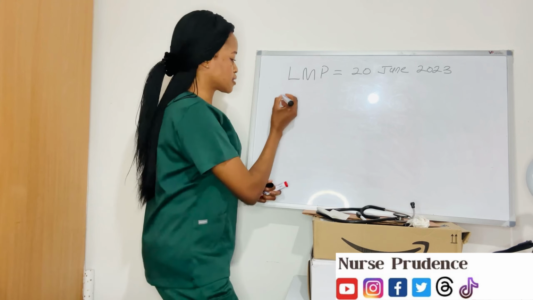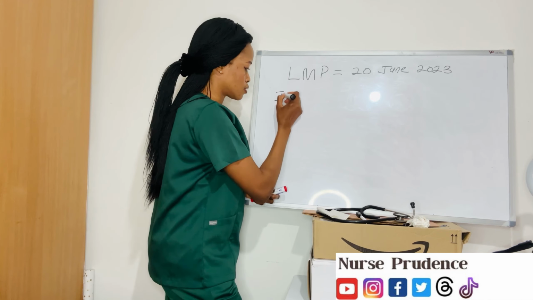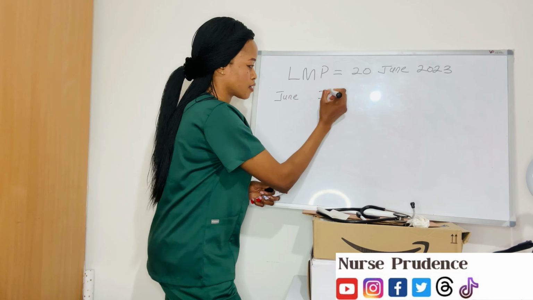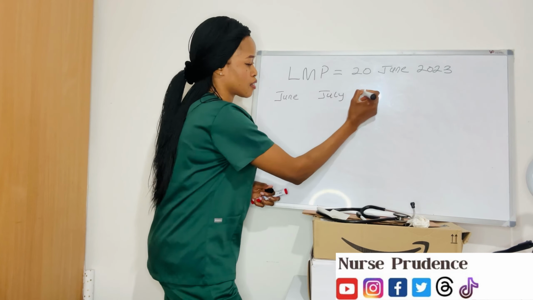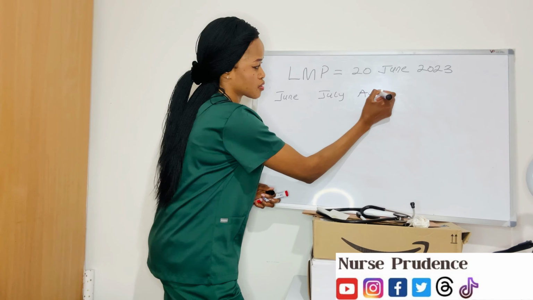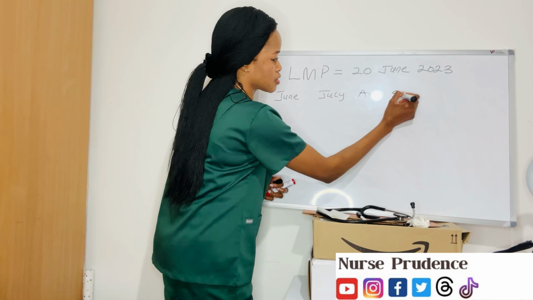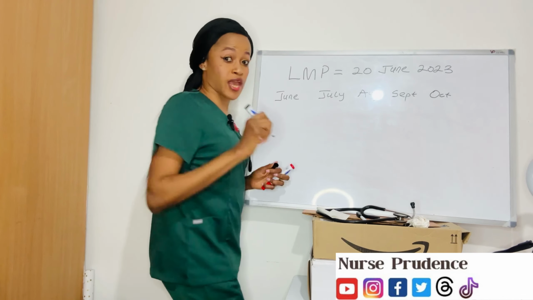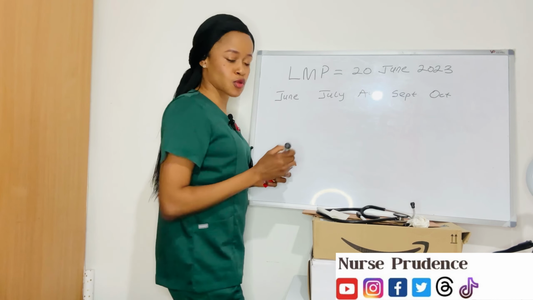Now, you write June, July, August, September, and October. We are in October now, so you will stop at October.